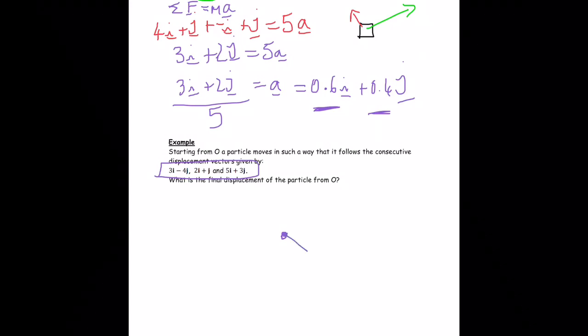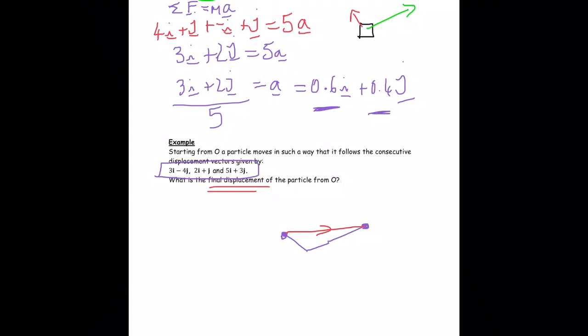Then it's going to go 2I plus J. Then it's going to go 5I plus 3J, so it's going to go something like that. And I want to know, overall, what is that final vector after you travel along those 3? So what's the final displacement of the particle?